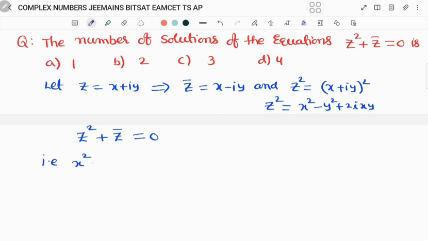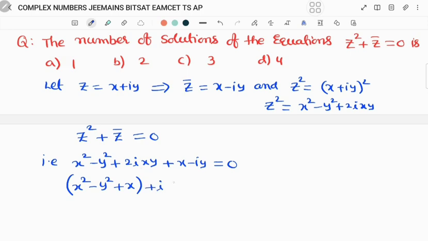So x square minus y square, this is the way we can go. 2ixy plus z bar, means x minus iy, equal to 0. So x square minus y square plus x. From the third and the last term I am taking common 2xy minus y.